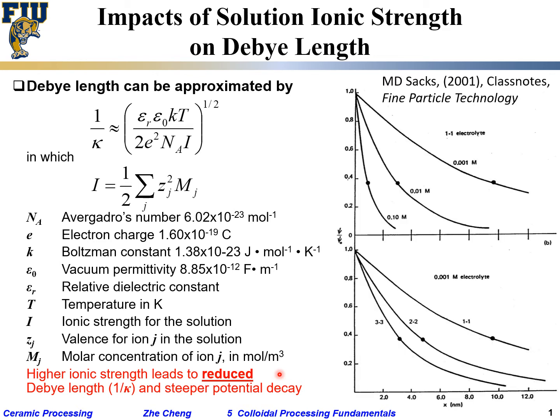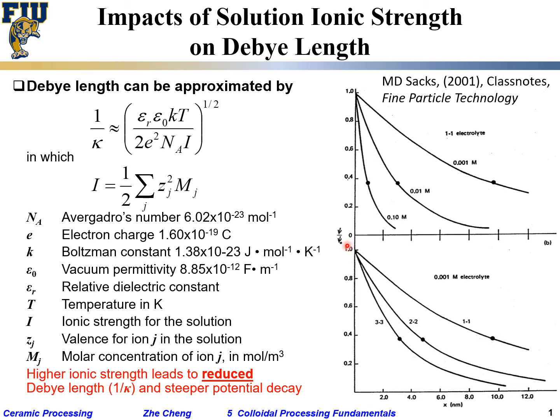So I'm going to show a calculated phi over phi 0. Phi is the potential within the double layer. Phi 0 is the potential right at the particle surface, the highest value.